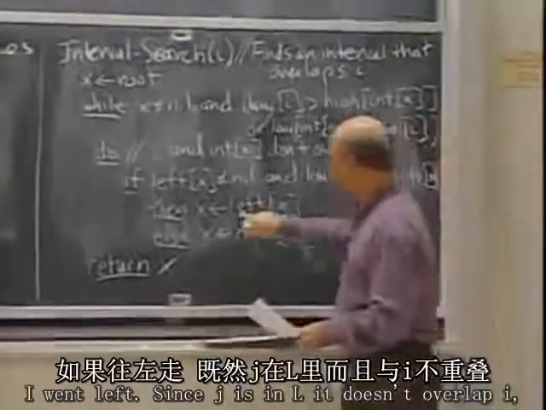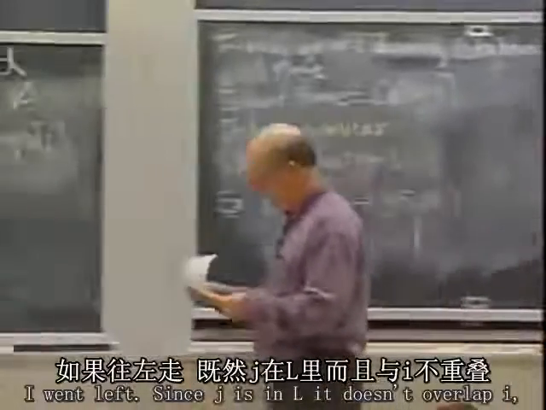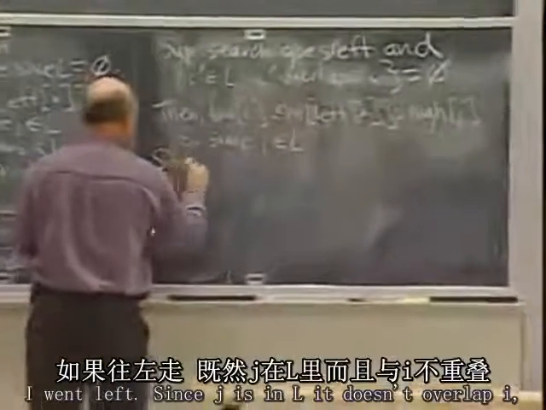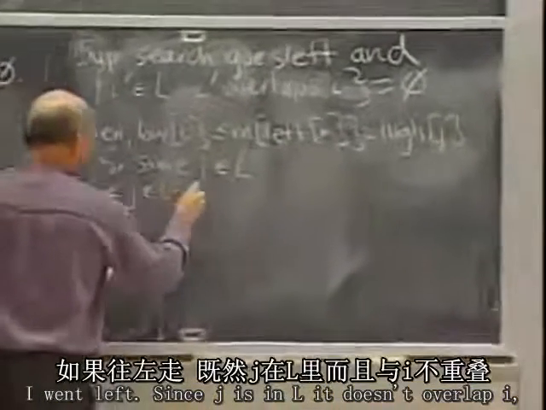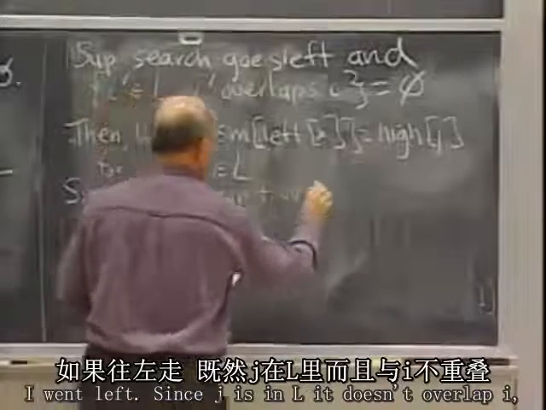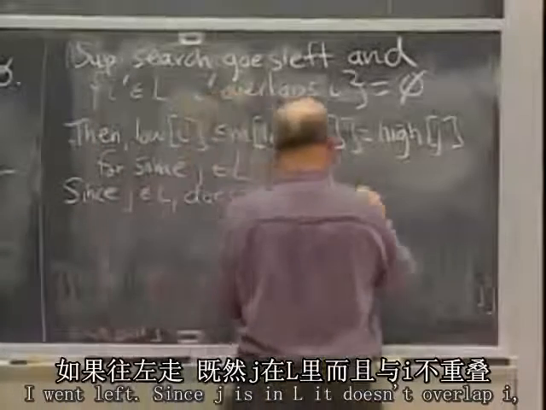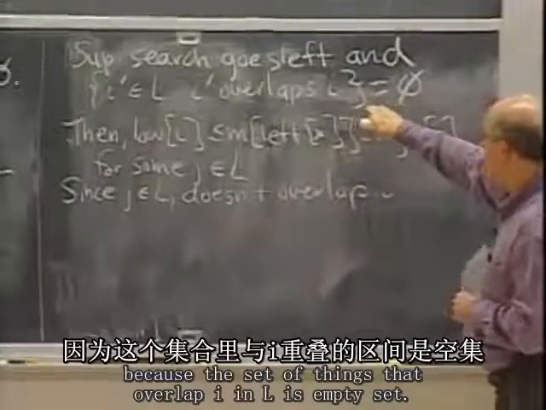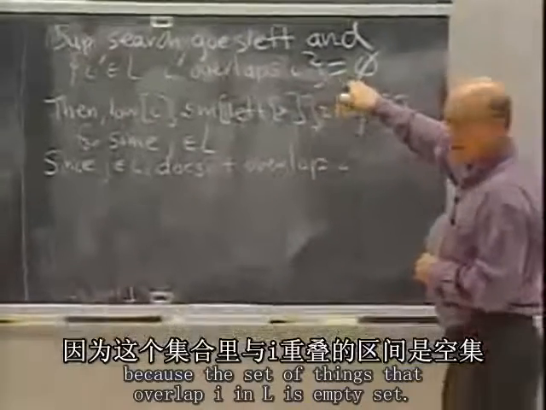Okay, I went left. So since j is in L, it doesn't overlap I, because the set of things that overlap I in L is the empty set.